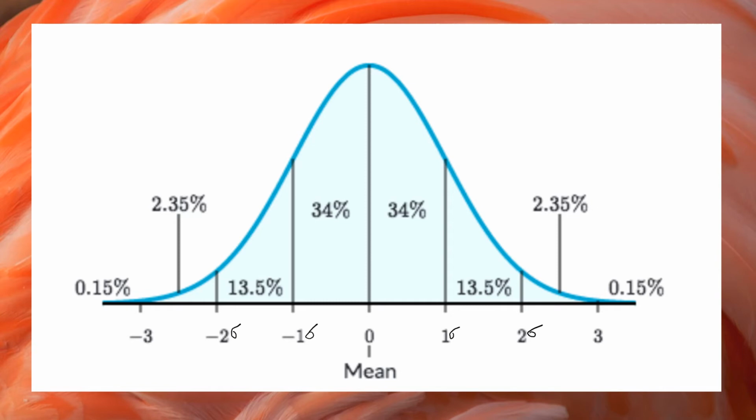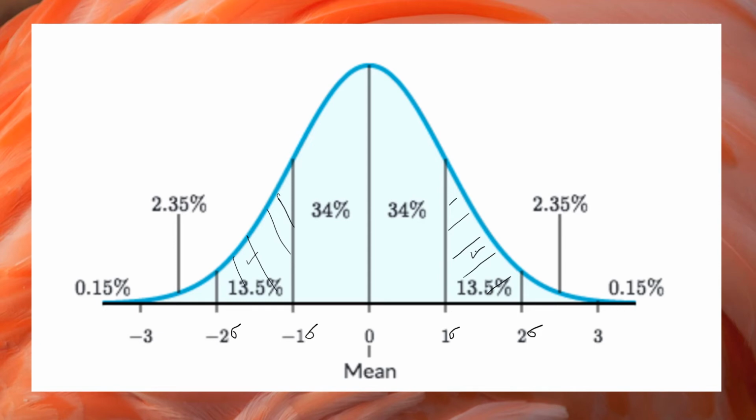So 95 divided by 2 is 47.5. Already we have 34 in the center, so this area will be 13.5 and this area is going to be 13.5.